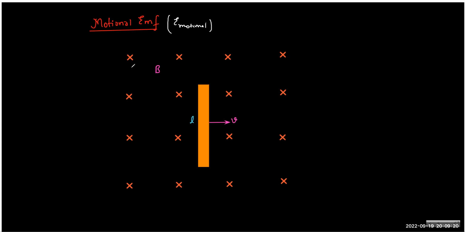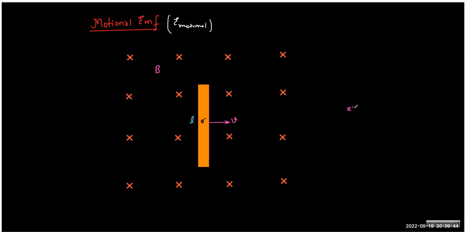Now, every conductor will have free electrons. If I consider a single free electron inside the conductor and try to analyze the force, first of all, as the conductor goes towards the right, the electron by default will have no choice but to go right.